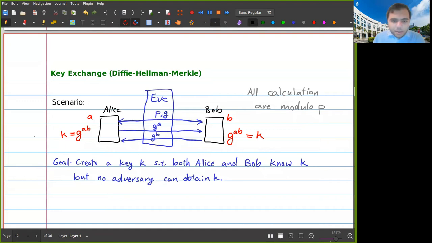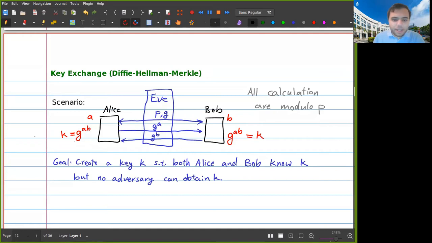Similarly, Alice has received G to the power of B from Bob, and she knows the secret A. So she can just raise G to the power of B to the power of A and compute G to the power of AB. So as we saw before, G to the power of AB would be the shared secret.